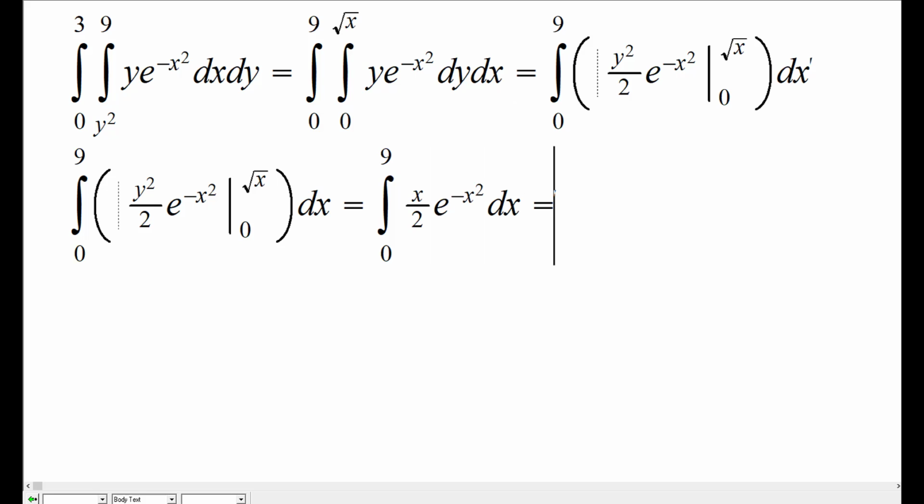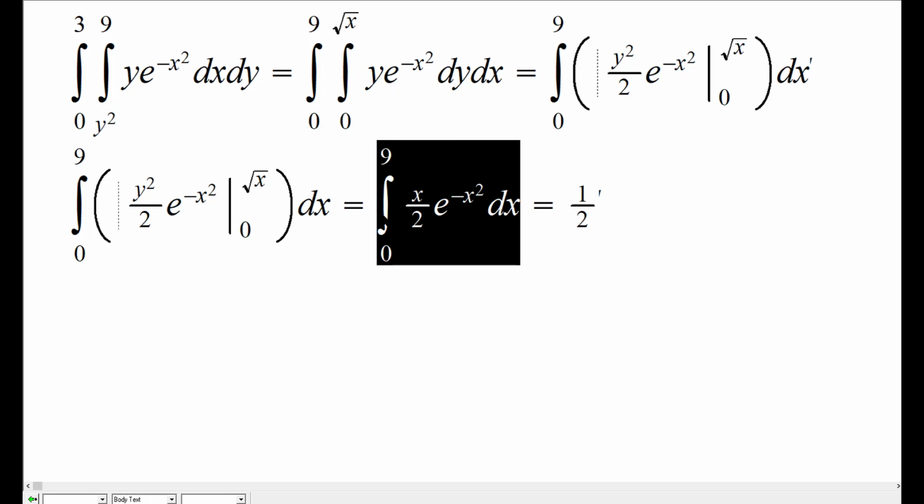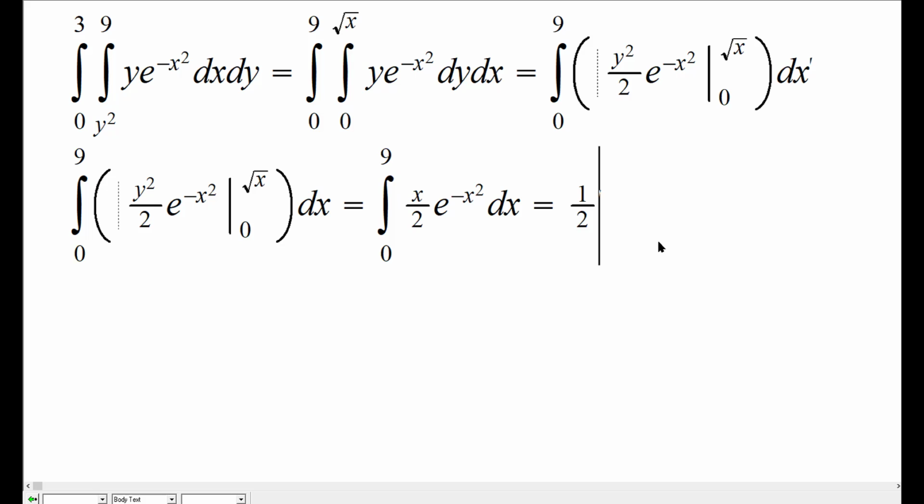So let's pull 1/2 out. All right, and then right here this simply changes to x. I shouldn't have pulled 1/2 out actually, but anyway, now we can set negative x squared to u.